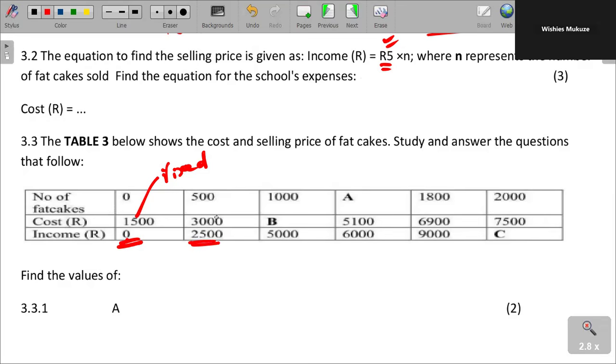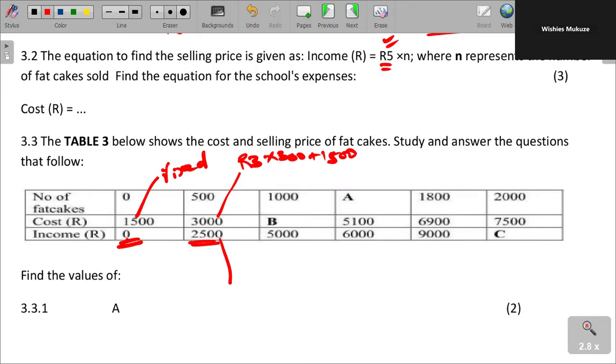In terms of the cost, the cost is equal to 3 rand multiplied by the number of fat cakes, 3 rand times 500, plus 1,500, because the 1,500 is the fixed cost that is there. So that is how we get these figures.